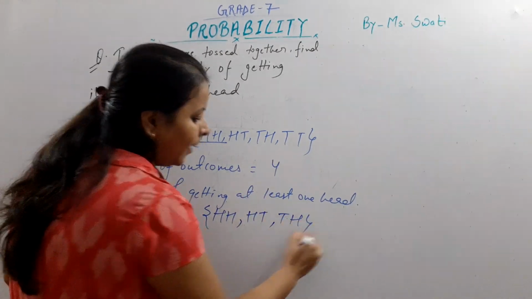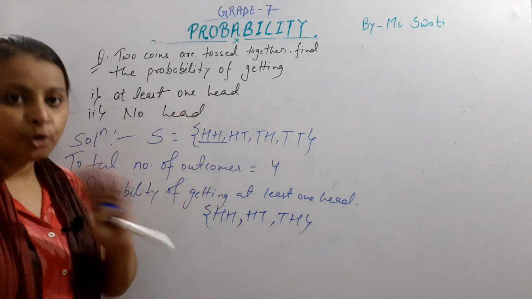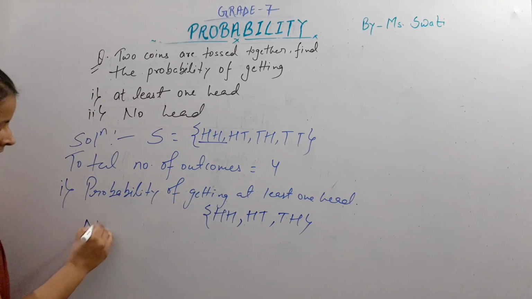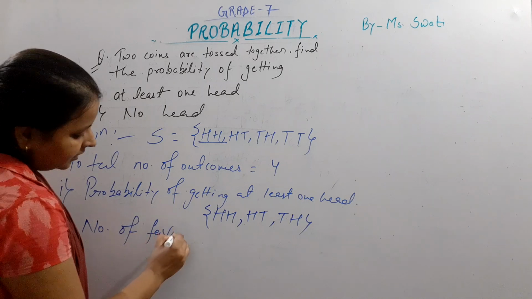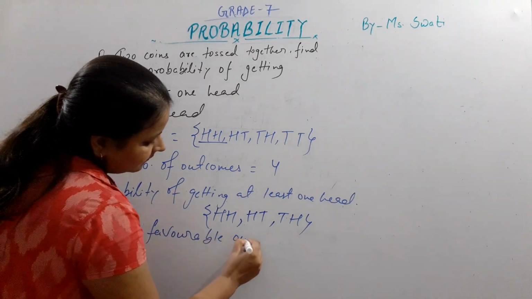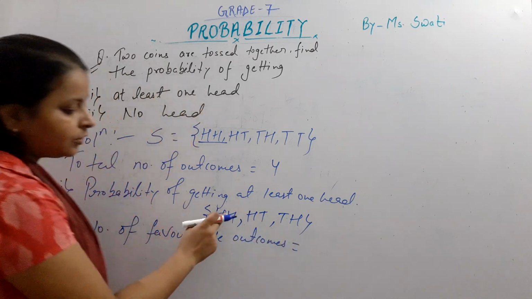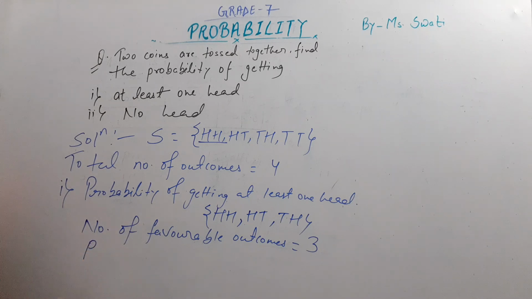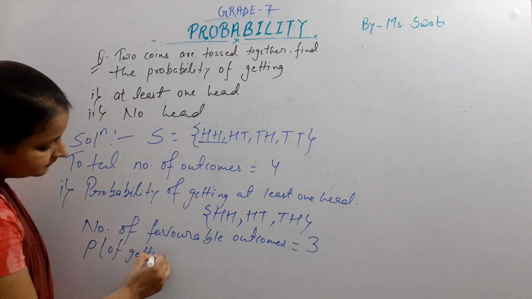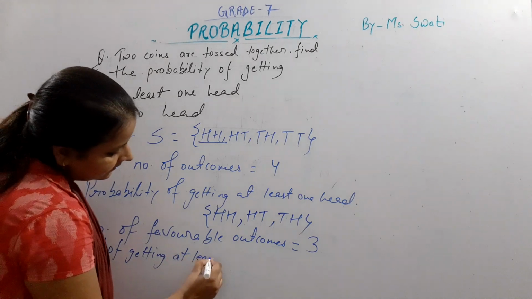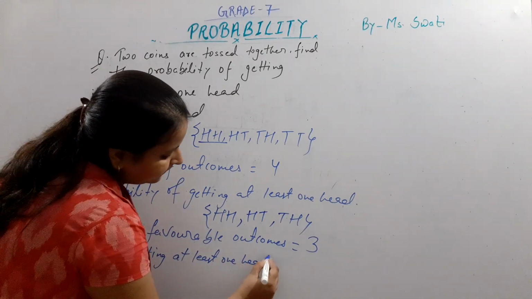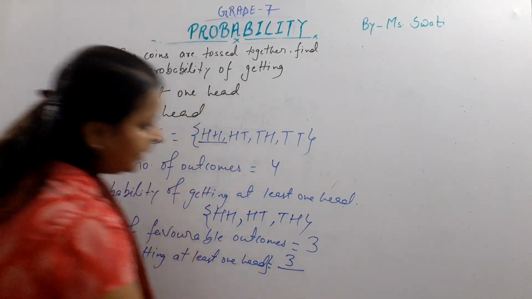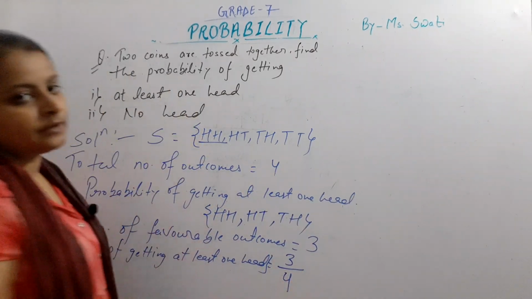Tail head, 1 head is present. And in tail tail, no head is present, so we don't consider this. So the number of favorable outcomes is equal to 3. Now we have to find out P, the probability of getting at least one head. So the number of favorable outcomes, which is 3, by the total number of outcomes, which is 4.